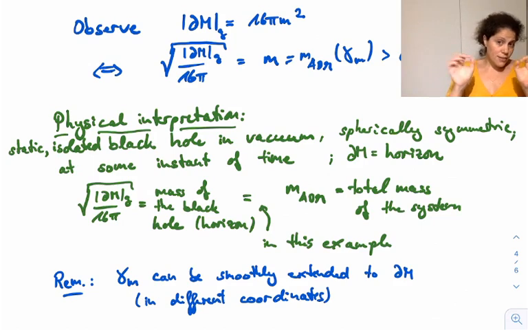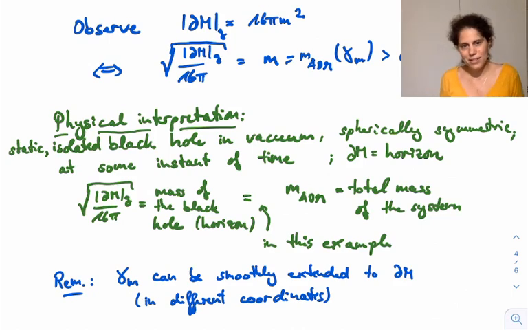And this identity that I just derived by simple computation between the mass and the area of the boundary of the horizon can then be interpreted as saying that the mass of the black hole horizon, which is the square root on the left-hand side, equals the ADM mass, which is interpreted physically as the total mass of this gravitating system in the context of general relativity. In this example, we have this identity.